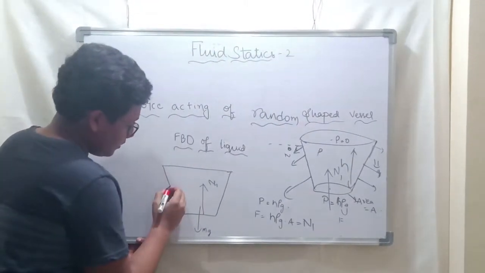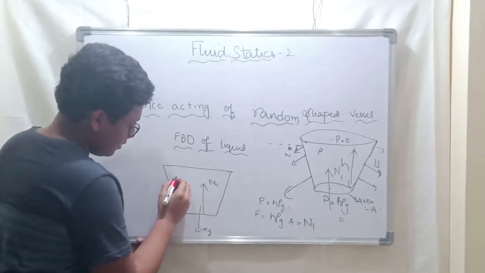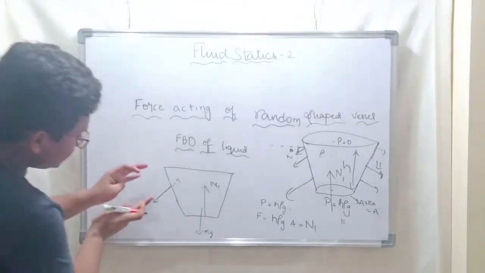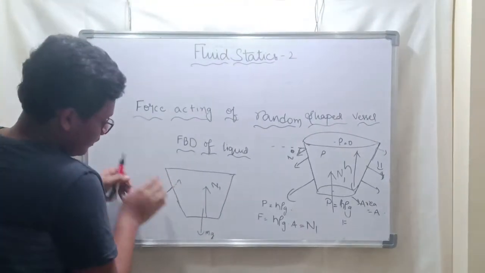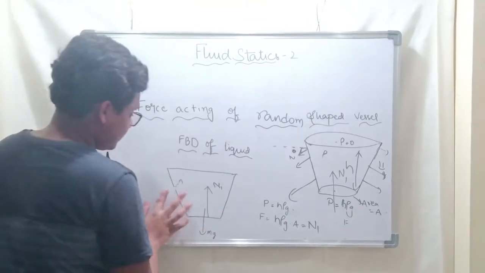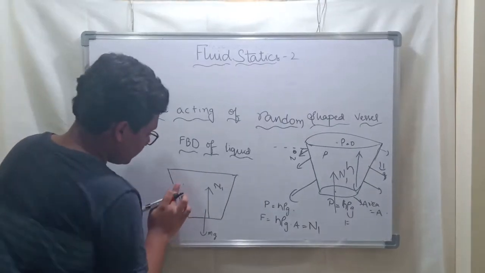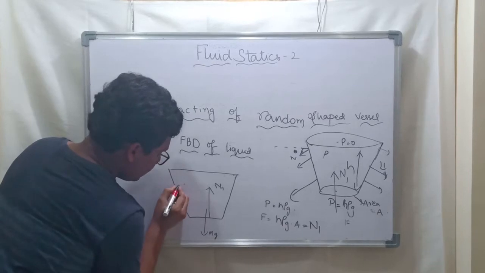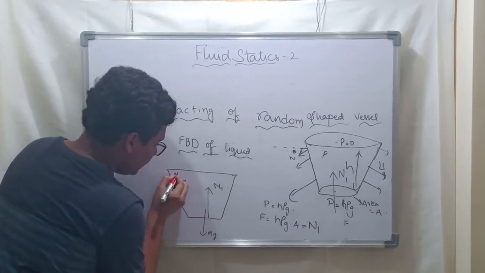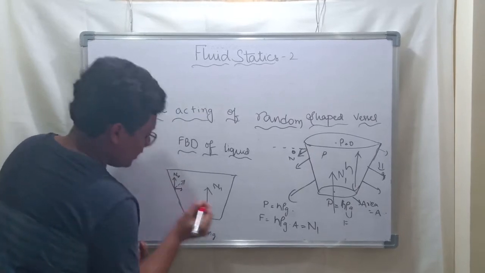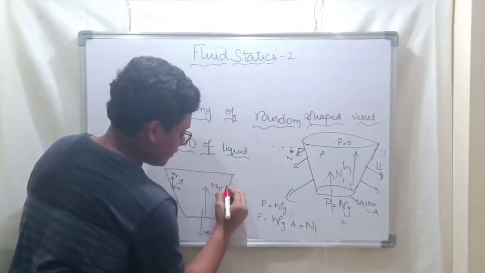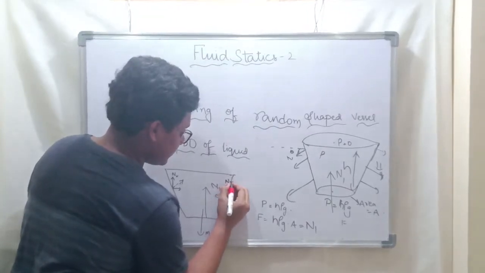Now for finding the resultant, we will change the direction to this side. So this will be the resultant. Same here, this will be the resultant.